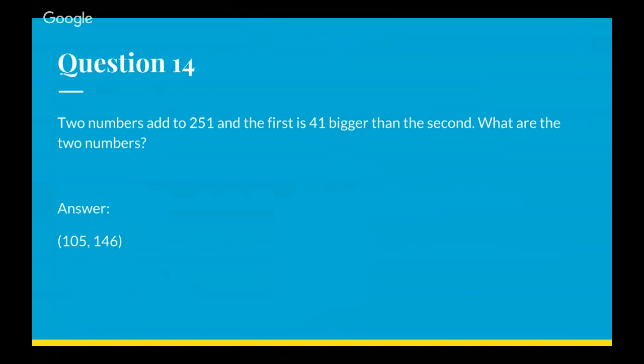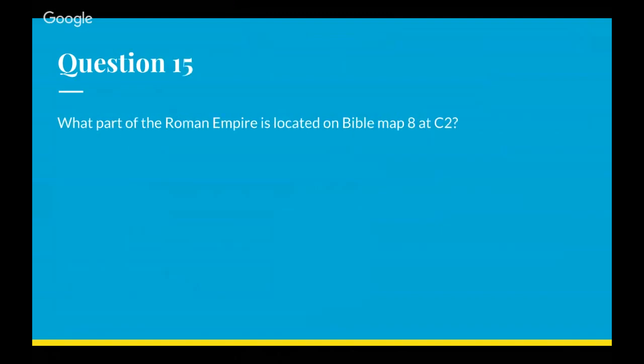Question 15, what part of the Roman Empire is located on Bible Map 8 at C2? Answer, Asia. By the way, I think there's one or two questions like that on the exam, so make sure to know how to use that.